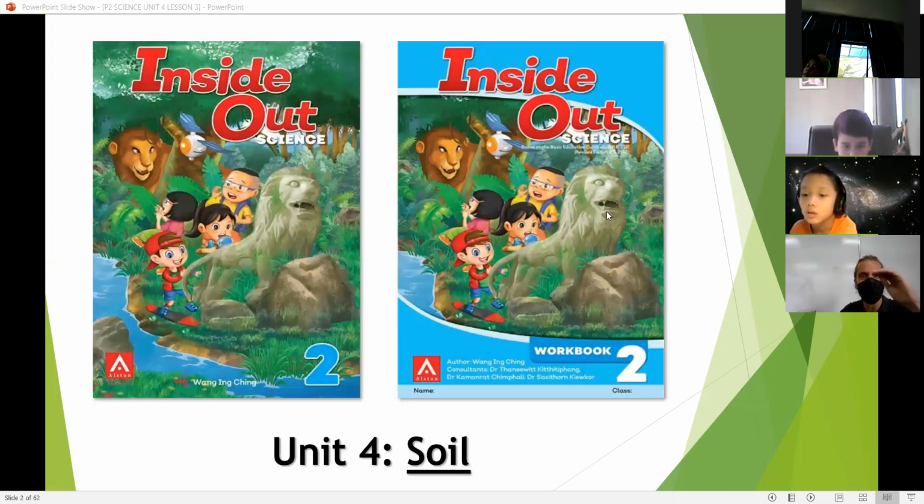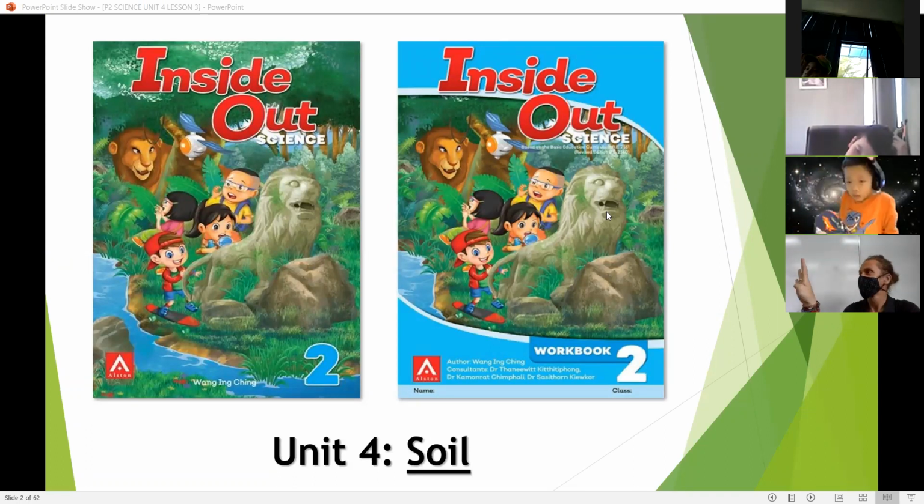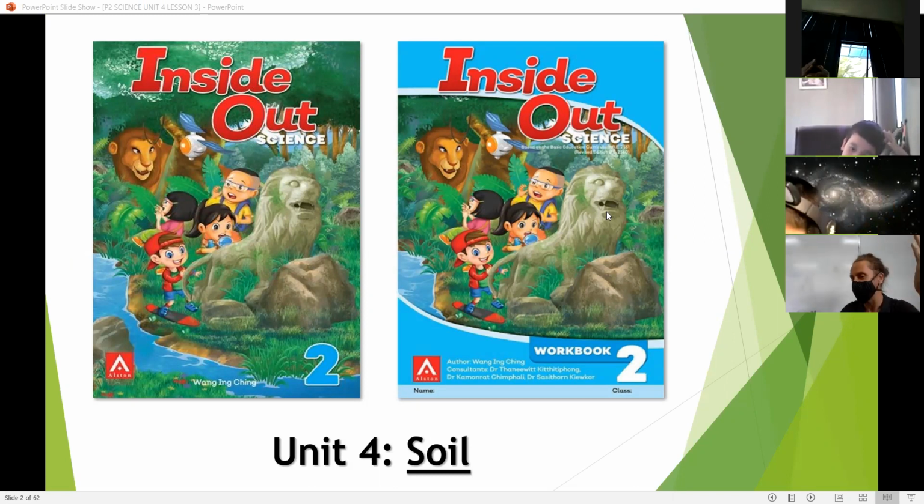Okay, everybody. Today we will continue looking at Unit 4. What is Unit 4 called, everybody? Soil, with the letter L at the end.